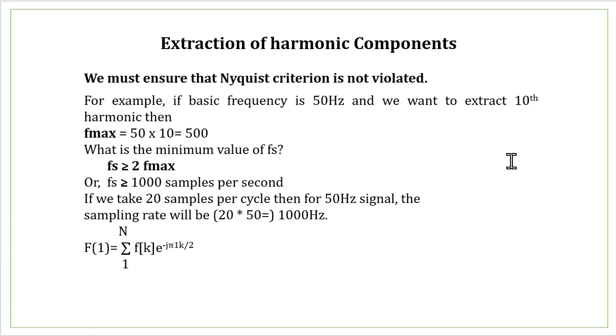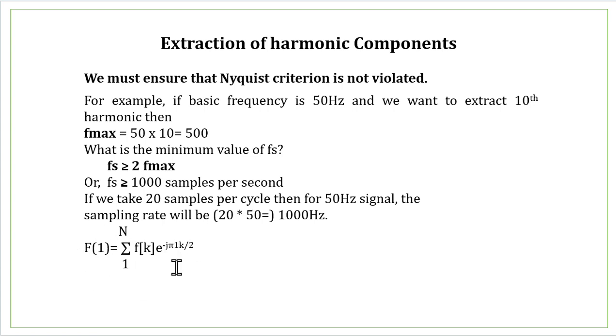Then Fs has to be greater than or equal to 2 times Fmax, that is greater than 1000 samples per second. So if we take 20 samples per cycle, then for a 50 Hertz signal the sampling rate will be 20 into 50, which is 1000. We are taking 20 samples in one cycle, and there are 50 such cycles in 1 second, so the total number of samples is 1000 per second, which is the speed of sampling. Actually, we take only 20 samples per cycle.